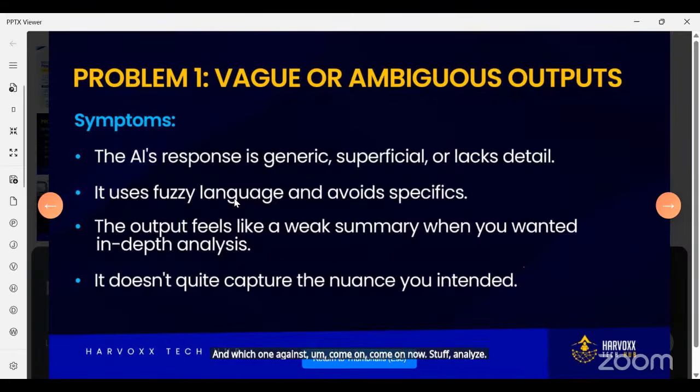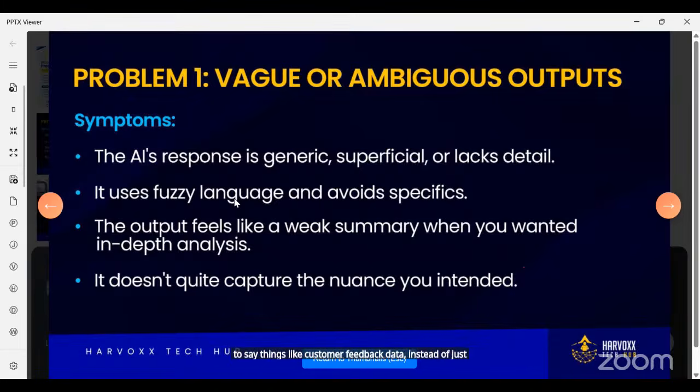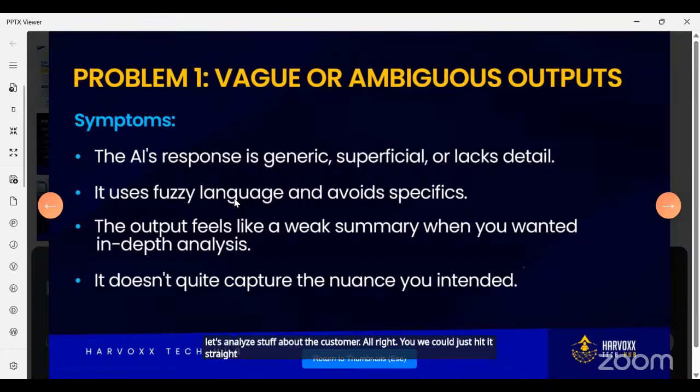You can decide to be very precise, to say things like customer feedback data instead of just saying, let's analyze stuff about the customer. All right, we could just hit it straight and say customer feedback data.